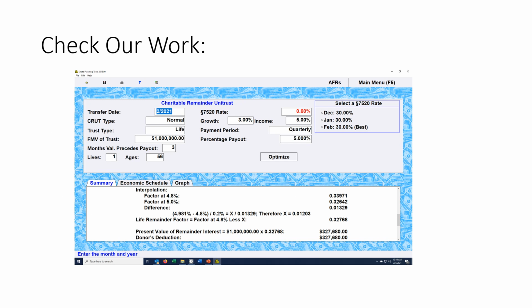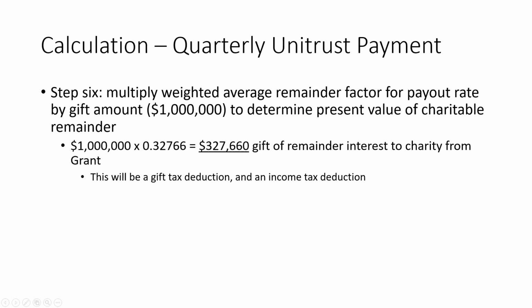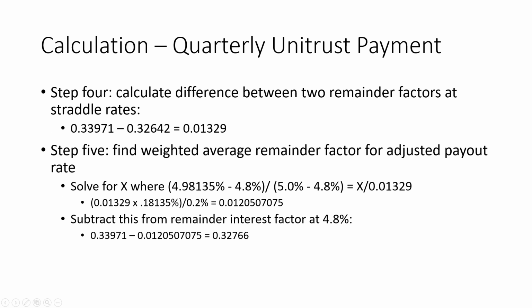Keep in mind I mentioned the difference in what decimal point we're taking this out to, and as we see in the Brentmark software here, they're only really taking this out to 3 or 4 decimal points when we look at, for example, the adjusted payout rate, which they've stated as 4.981, as opposed to over here we had 4.98135.